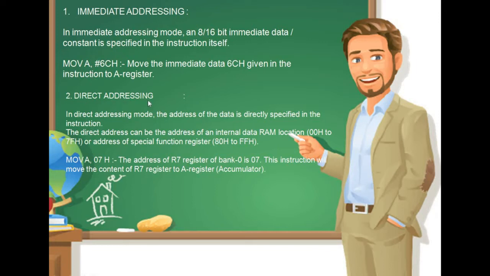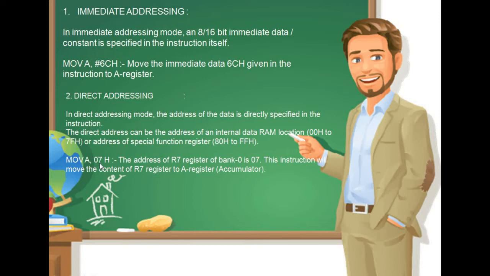So coming to the next one, direct addressing mode. In this mode, the address of the data is directly specified in the instruction. That means go directly to a particular memory location and copy the contents of that location to the specified register. For example, MOV A, 07H, that means the address of the R7 register.